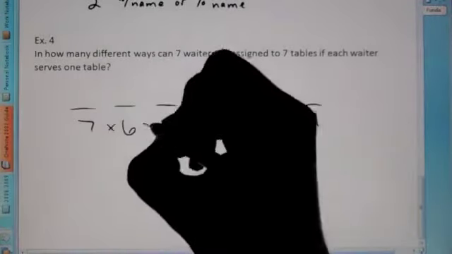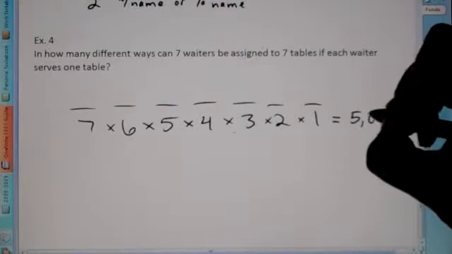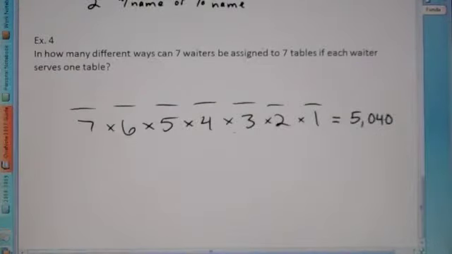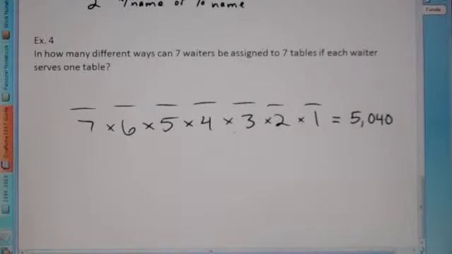So we multiply all these together. You would probably want your calculator there. You end up with 5,040. So there are 5,040 different ways that 7 waiters can be assigned to 7 different tables, if each waiter serves 1 table.